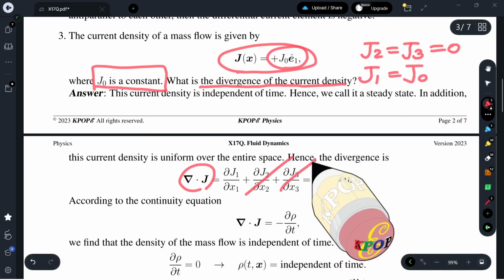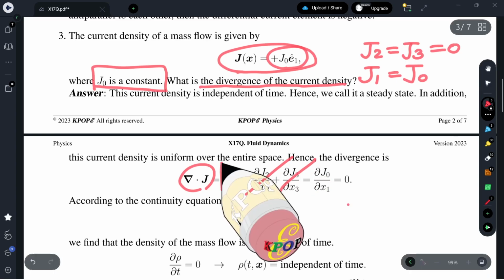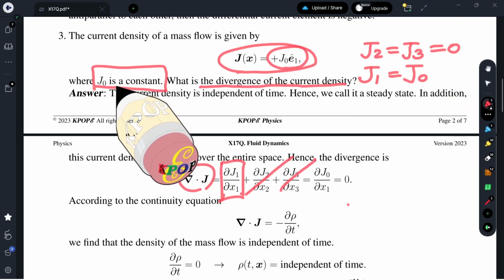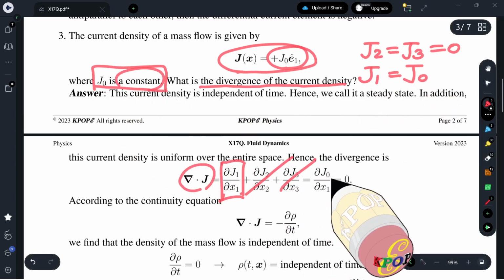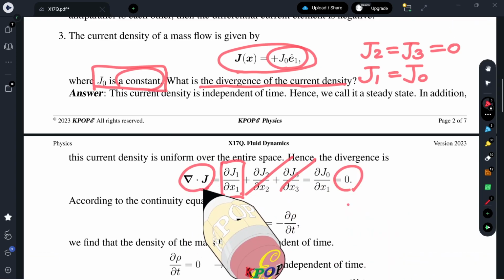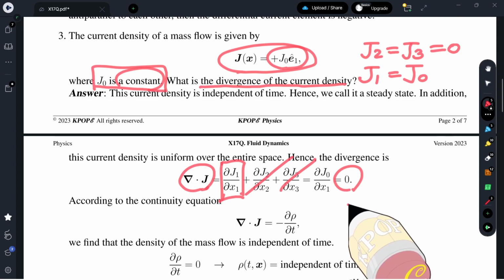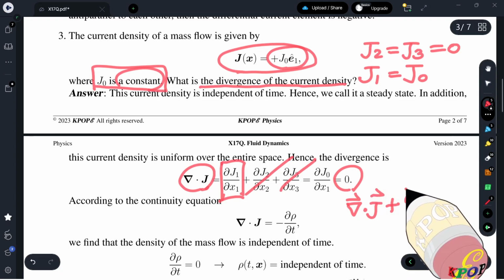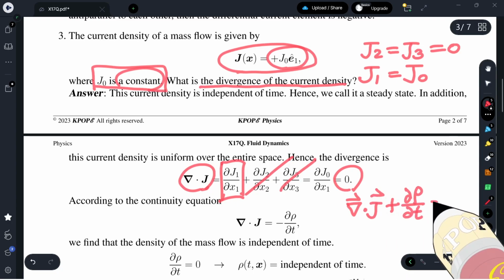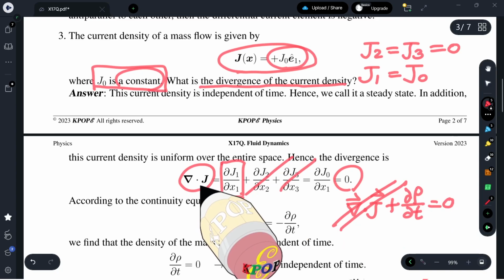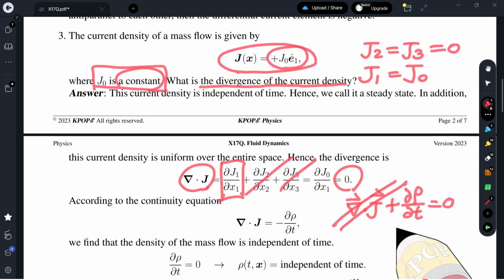So these two terms disappear, and the first term survives. However, because J1 is J0, that is a constant, its derivative is 0. So we have a vanishing divergence. According to the differential form of the continuity equation, that is this, we have vanishing divergence, so the time derivative of density is 0.